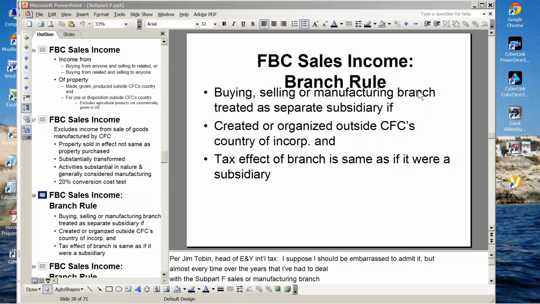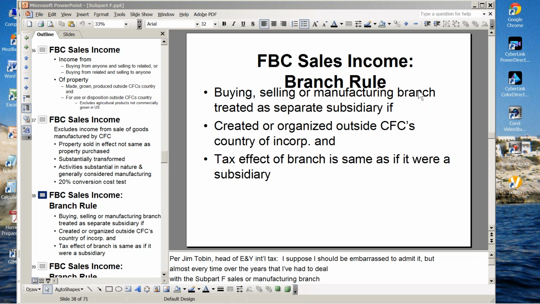If a person owns all of another entity that is not treated per se as a corporation, then that entity may be disregarded as separate from that person. So if we have a CFC that owns 100% of a company in another country and makes what's called a check the box election, that I'm sure you're all familiar with, then that company in the other country is treated as a branch.